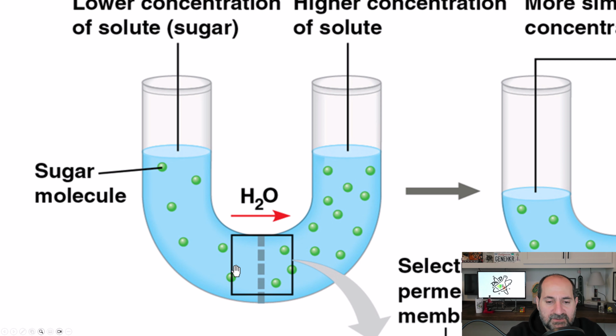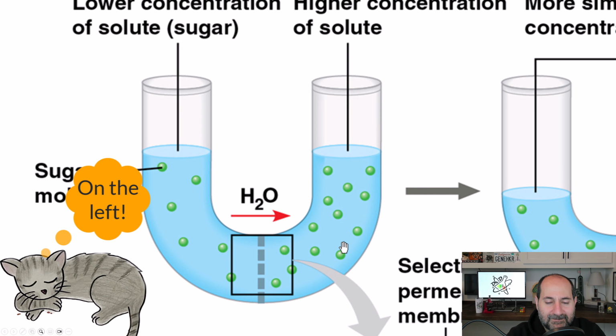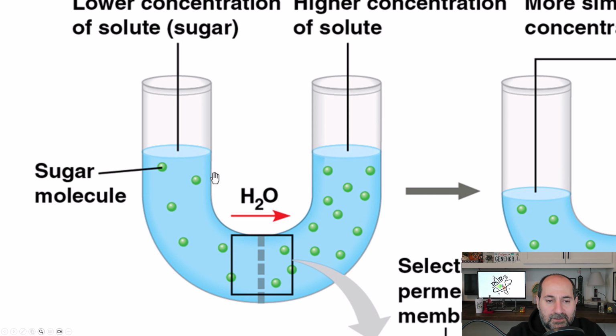On which side of this dashed line membrane here is the water itself more concentrated? Here on the left where there's less solute, or here on the right where there's a lot of solute? That's right, it's on the left. Obviously, if there's less sugar, that means the water is more pure.